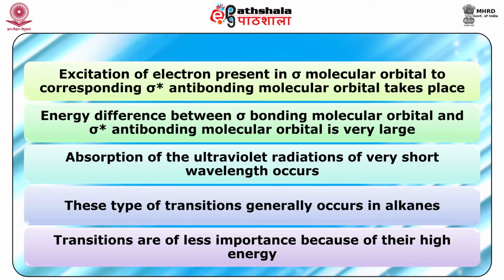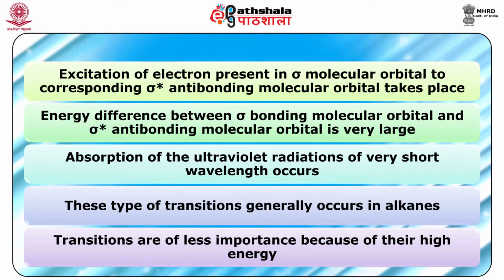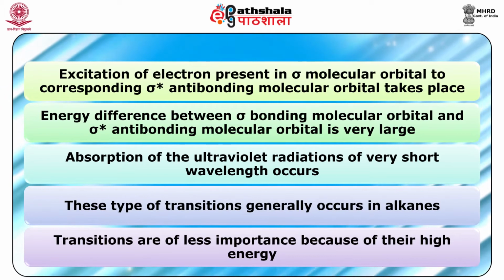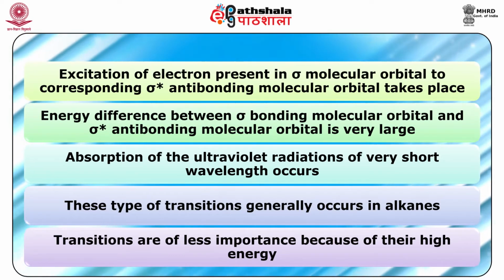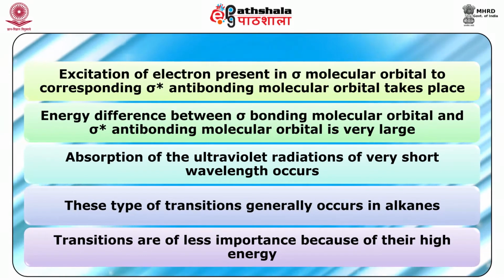This type of transition involves the excitation of electrons present in the sigma molecular orbital, which is excited to the corresponding sigma star, that is the anti-bonding molecular orbital, by absorption of electromagnetic radiation in the UV range.